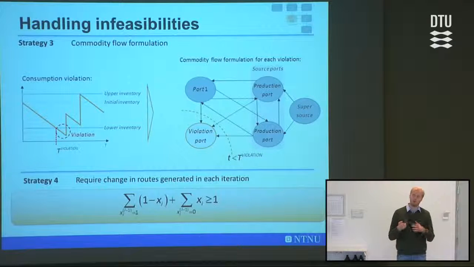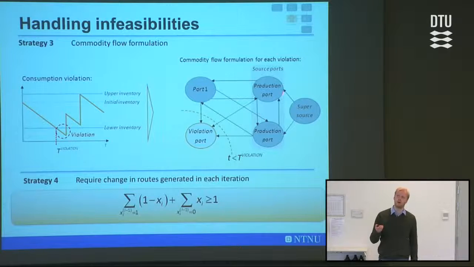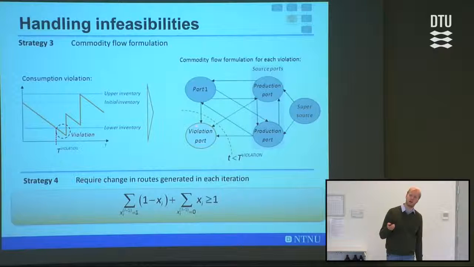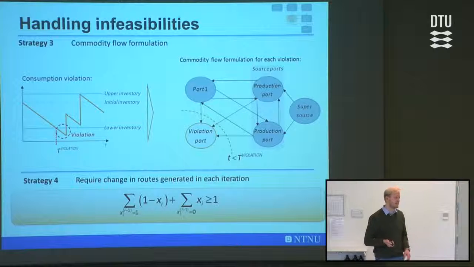Since we have to send 1 unit either this way or this way, we have to create more flow from these source ports to this violation port. But we don't need to have a direct connection. So we could, for example, let this extra unit go through this production port to a port that neither produces nor consumes this product, and down to the violation port, if that is the best thing to do.